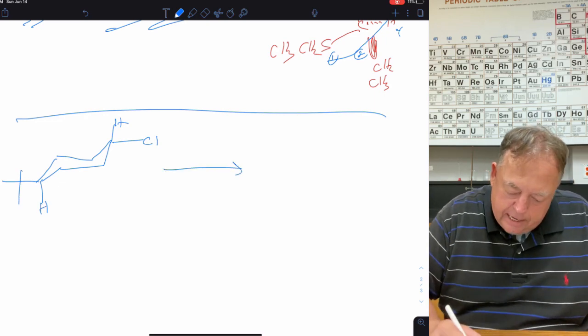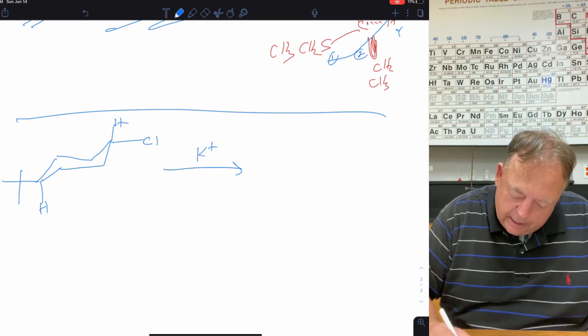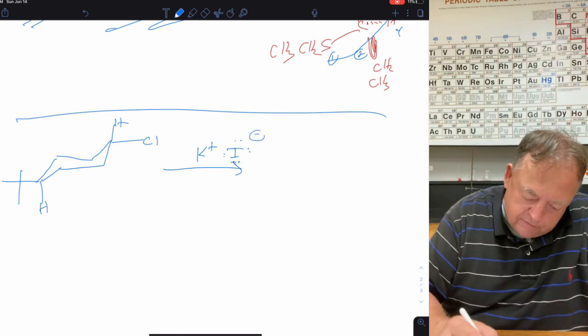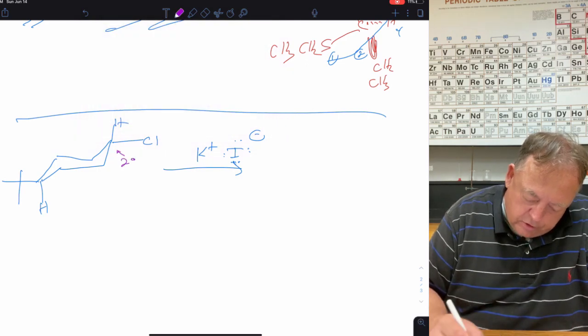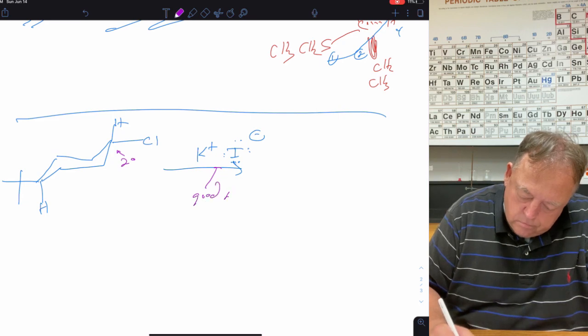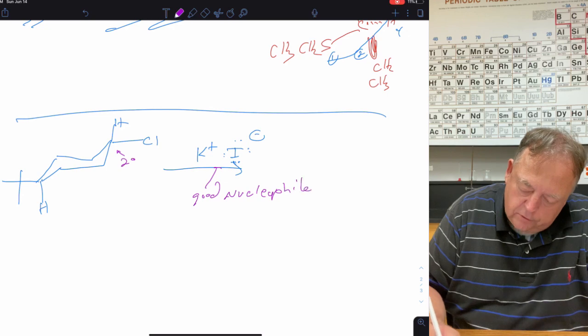Okay, so if we took that alkyl halide and let's say we take potassium iodide as the nucleophile, is this an SN2 reaction? We'll classify your alkyl halide. It's secondary, right? That's a secondary carbon, and that's a very good nucleophile. So that's the conditions for an SN2.